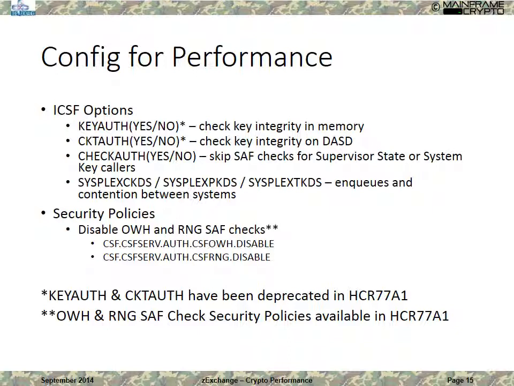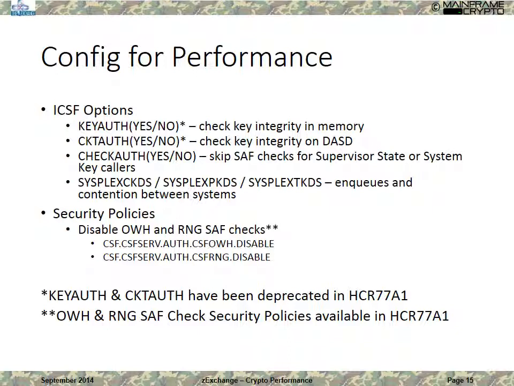And the thinking here is that if you are letting the code run in supervisor state or system key, that implies that you trust it, that you've done some due diligence, made sure that the application is doing what it's supposed to be doing and not using APIs or keys it's not supposed to be using. So by skipping the SAF check to see if it's authorized, there's some performance benefit there.